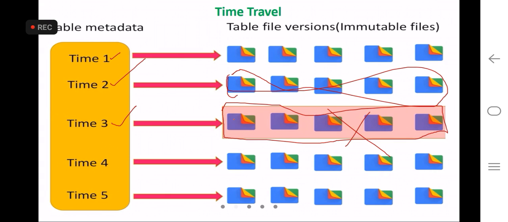Okay, this feature, till today, other than Snowflake, other databases and data warehouses don't have. So Snowflake by default gives the time travel feature. Okay, any doubts here? At least theoretically.